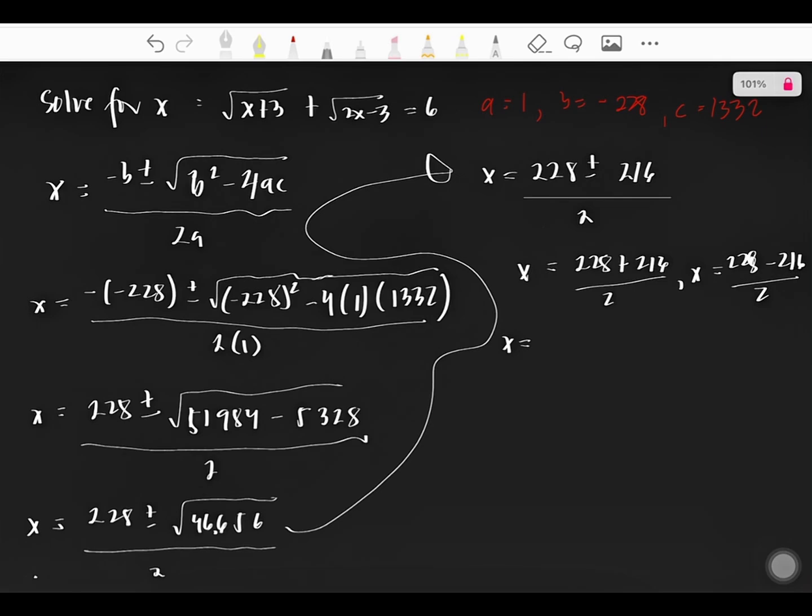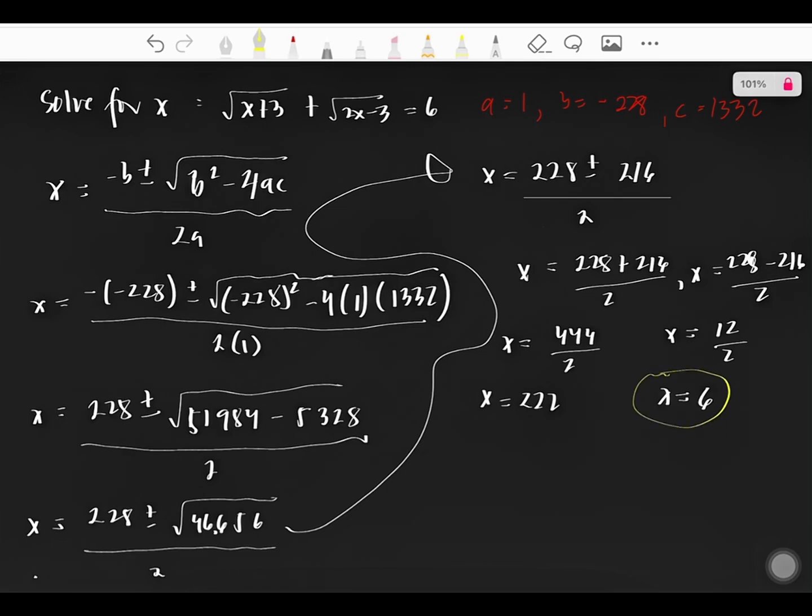Then we get x is equal to 444 all over 2, so we got 222 for our first x. And for our second x, we have x is equal to 12 all over 2. Then x is equal to 6.